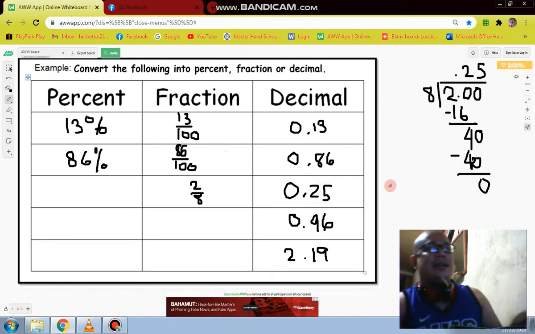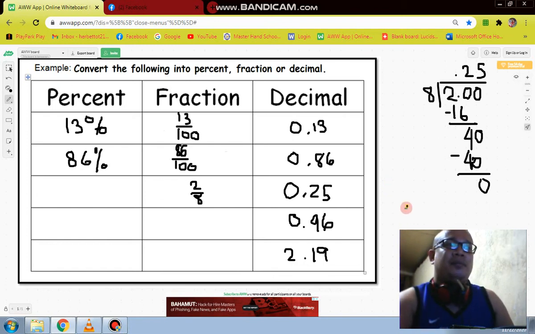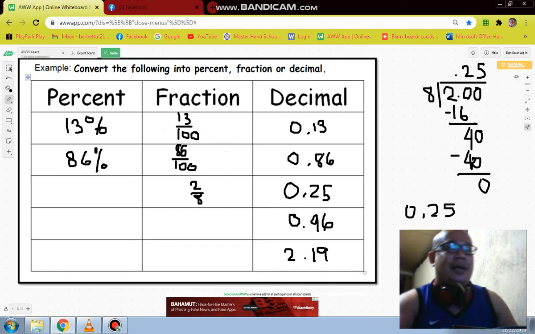Now, class, the next thing is to convert that into percent. How do we convert 0.25 into percent? For decimal to percent, we move the decimal point to the right, twice. 1, 2. So it's 25, and then we put the percent sign. It's 25%.